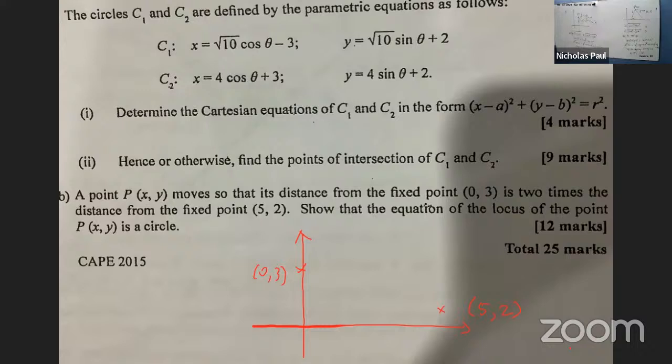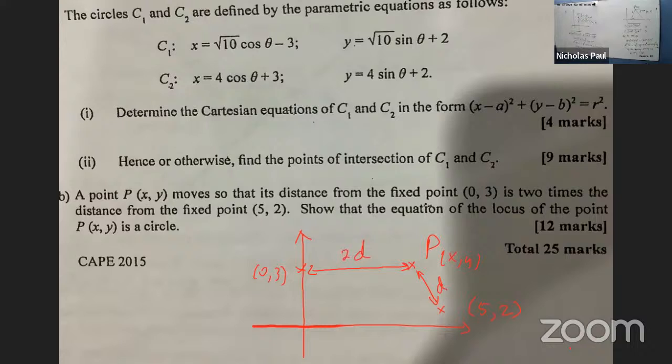So let's pretend P is somewhere here. P is x, y. What's important is that I put D and 2D in the right place. So the distance from 0, 3 is twice the distance from here. So if here is D, here is 2D.